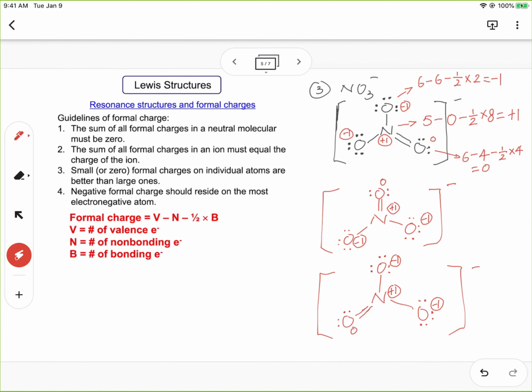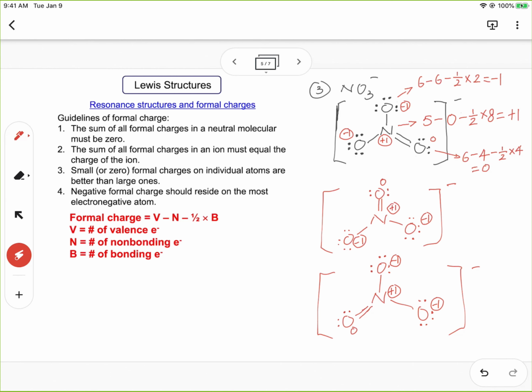So rule number 2 can help us confirm our calculation regarding the formal charge. If you add everything together and it does not match the charge of the ion, then something must be wrong. Okay, so you need to double check. And if you check the other two structures, rule number 2 is also valid for these two structures.